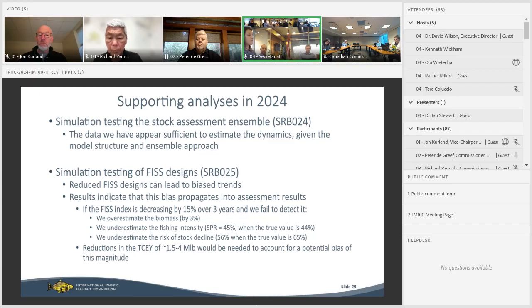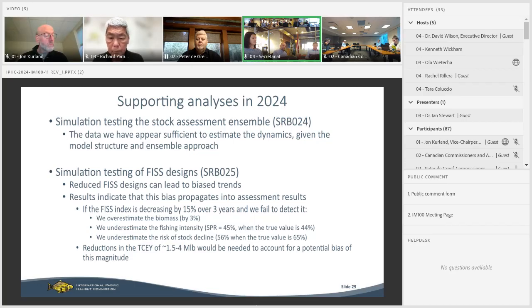Now, those values don't seem all that large, relatively small changes to the assessment results. However, when looking back at recent harvest decision tables, we found that in order to account for this level of bias in the management decisions would have required a reduction in the coast-wide TCEY of between 1.5 and 4 million pounds to either reduce the SPR by 1% or to reduce the risk of stock decline by the 9% that we estimated.